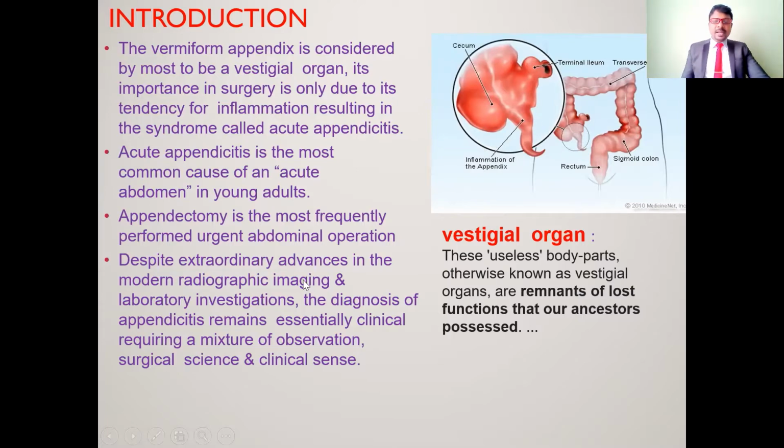Despite extraordinary advances in modern radiographic imaging and laboratory investigations, the diagnosis of appendicitis remains essentially clinical, requiring a mixture of observations, surgical signs, and clinical sense. Nowadays we have so many technologies, imaging technology as well as physical examination techniques, and we also have to use physical assessment.